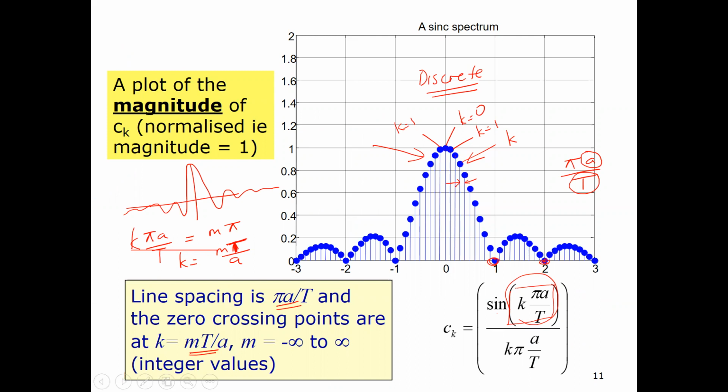And the zero crossing points, if A gets bigger, what happens to the zero crossing points? Remember, the zero crossing points are MT over A. So if A gets bigger, the lines move further apart. But what happens to the zero crossing points?